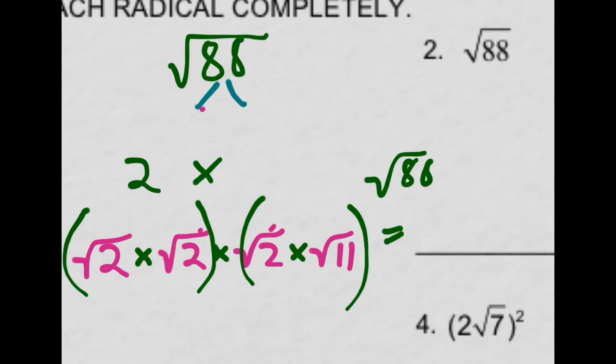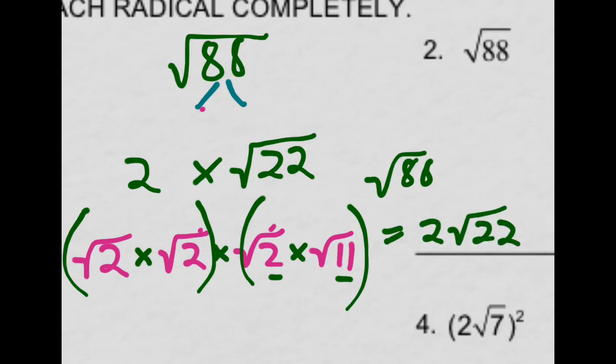Well, if it was the square root of 2 times the square root of 2, then I could pull out a 2. But there's not a lot I can do with the square root of 2 times the square root of 11. So I'm just going to say times square root of 2 times 11 is 22. And that's about as far as I can go with this. So 2 root 22 is going to be my final answer for that.